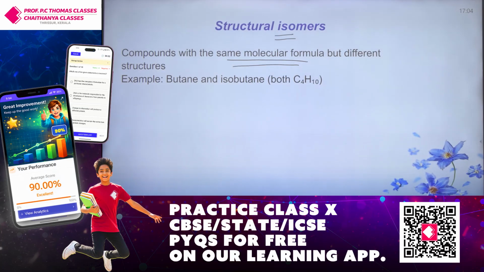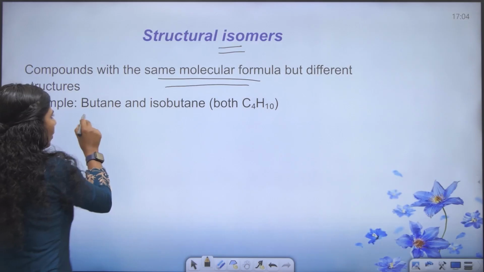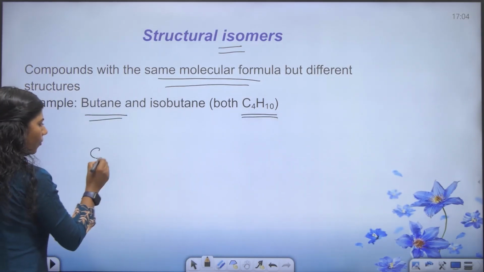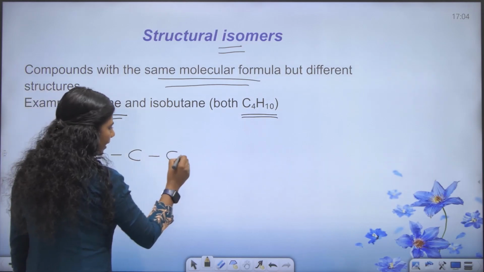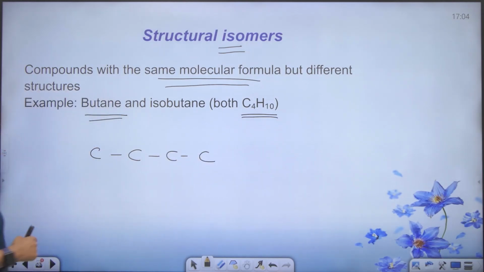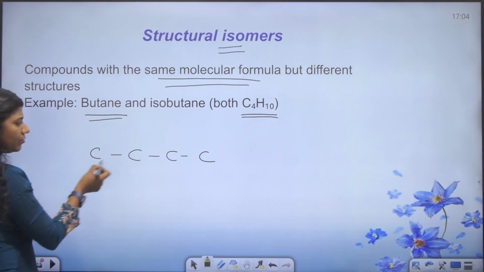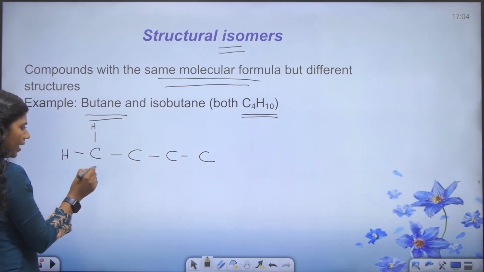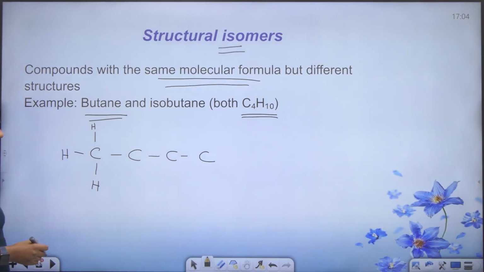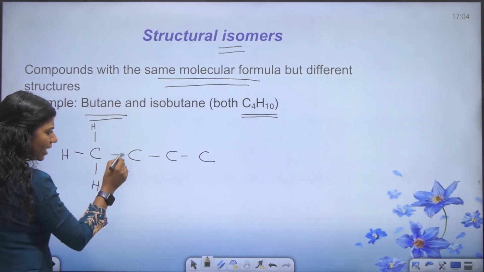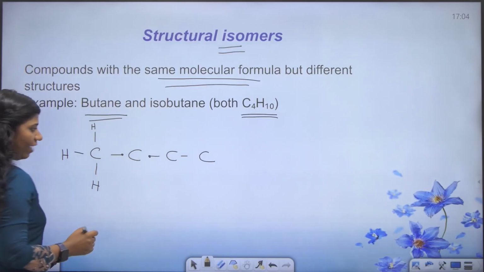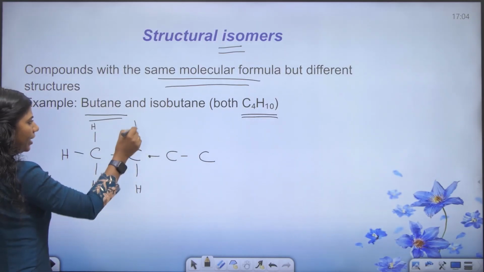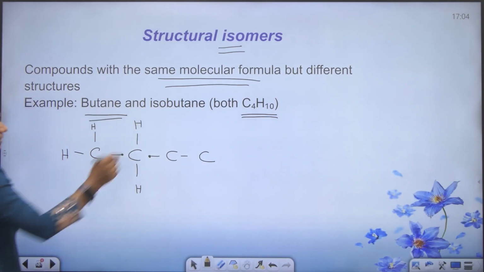For example, butane and isobutane. We know that the molecular formula of butane is C4H10. C4 means it contains 4 carbon atoms. In the first carbon atom only one valency is satisfied, so the other three valencies are satisfied by hydrogen atoms. In the second and third carbon atoms, two valencies are satisfied and the remaining two are satisfied by hydrogen atoms.